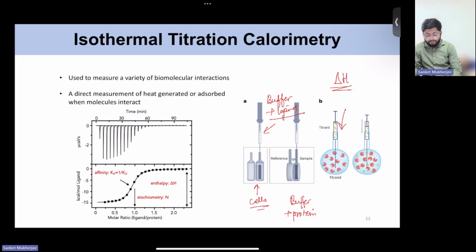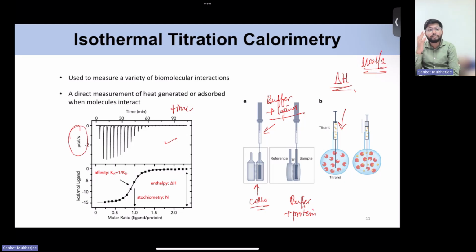There's a change in energy, which is actually calculated as microcalories per second, as you can see in the y-axis. And on the x-axis, you have time. So you can see this is a reaction. As you can see on the left, this is how it looks. So heat can be generated or it could be absorbed.